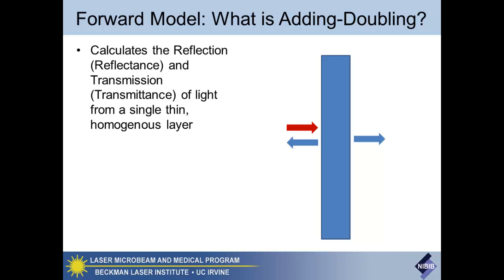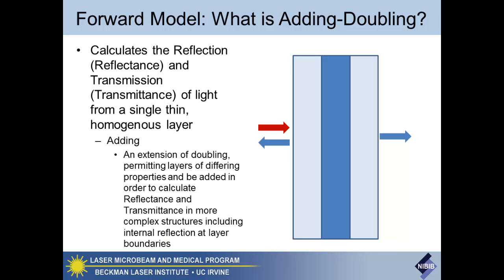Likewise, adding is an extension of this property where, since you have descriptors of individual thin slabs, you don't necessarily need to have the same optical property for every single slab, but you can propagate the light through different optical properties in different slabs.